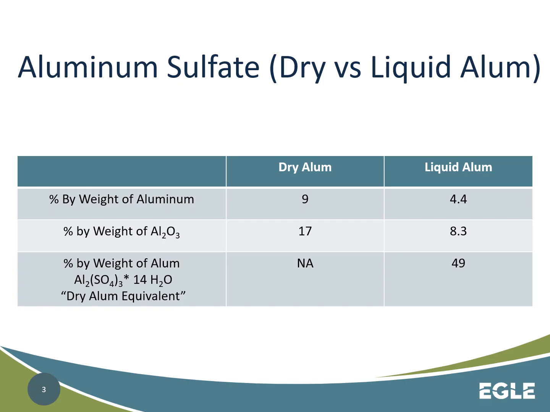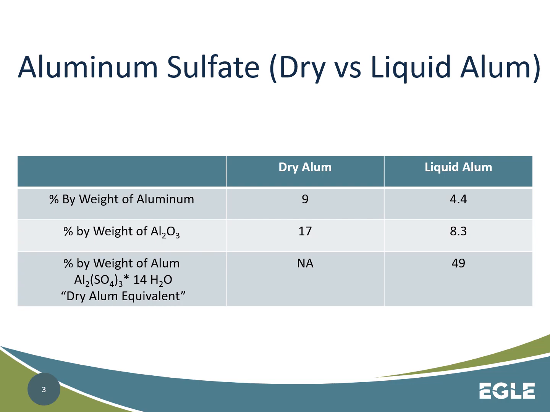And you want to know this because in dosing, you may be reporting on your MORs either in pounds of product or pounds of aluminum ion, or you may be reporting your dosage in milligrams per liter of aluminum ion. And that's why that's important. There are also some product data sheets that report the percent by weight of aluminum oxide, which you can use for further calculations to get the amount of pure aluminum ion.